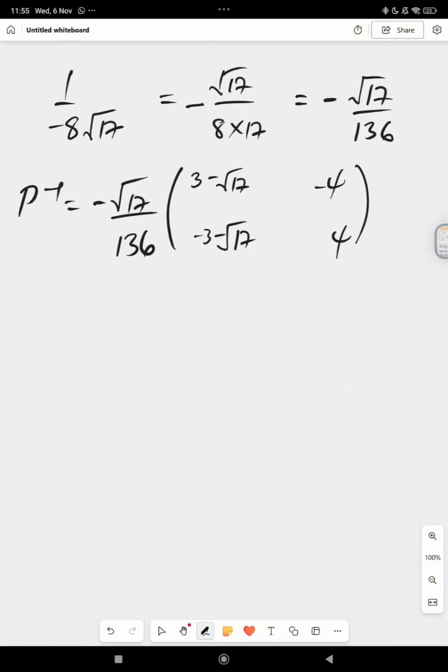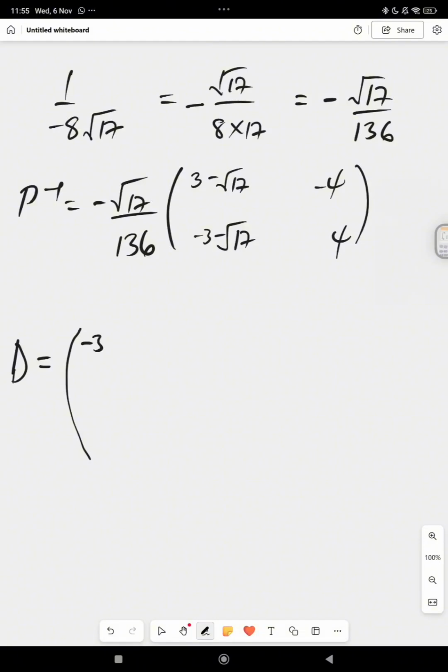We need to find D, which is the diagonal matrix. Now remember, your D is just made up of your eigenvalues. How you found your eigenvectors is how you are going to arrange your eigenvalues. So we use the negative eigenvalue first.